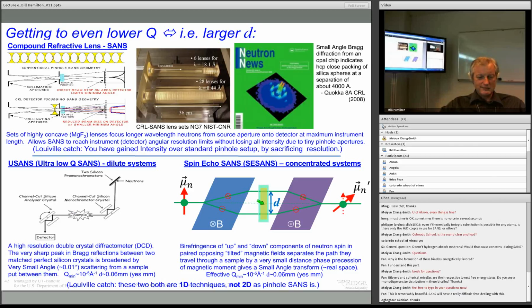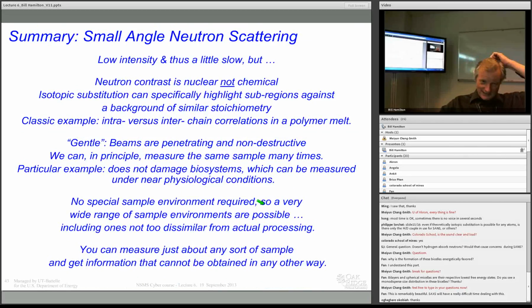I can't see correlations out of the plane for this Bragg scattering or out of this plane for this Surges scattering. So hopefully I've convinced you that while neutron scattering is a little slow, the fact that neutron scattering contrast is nuclear and not chemical gives you enormous strengths.